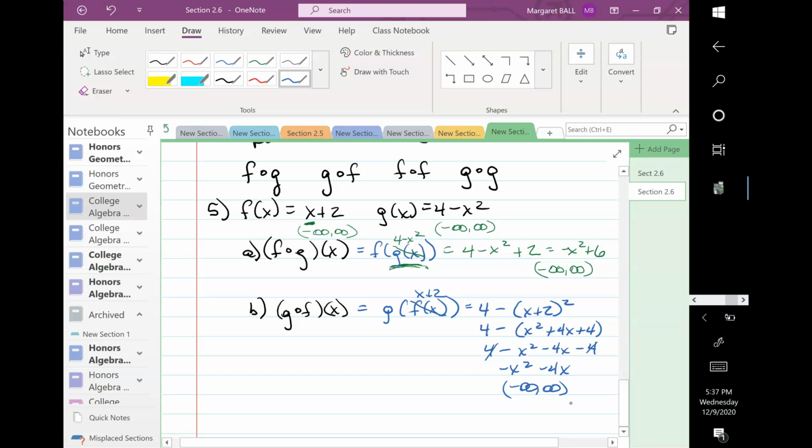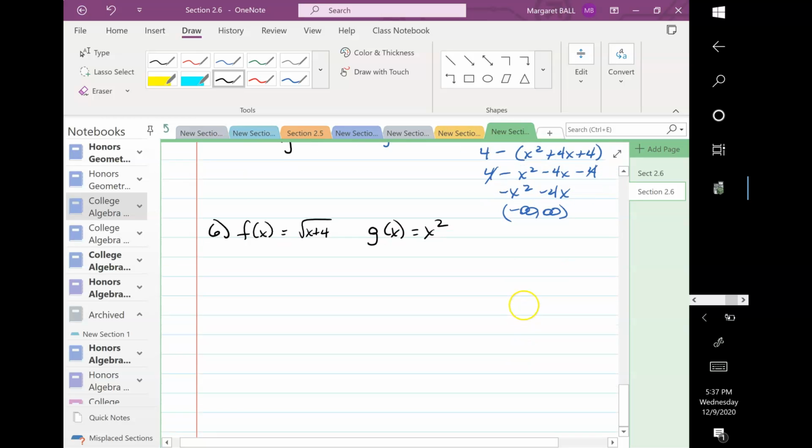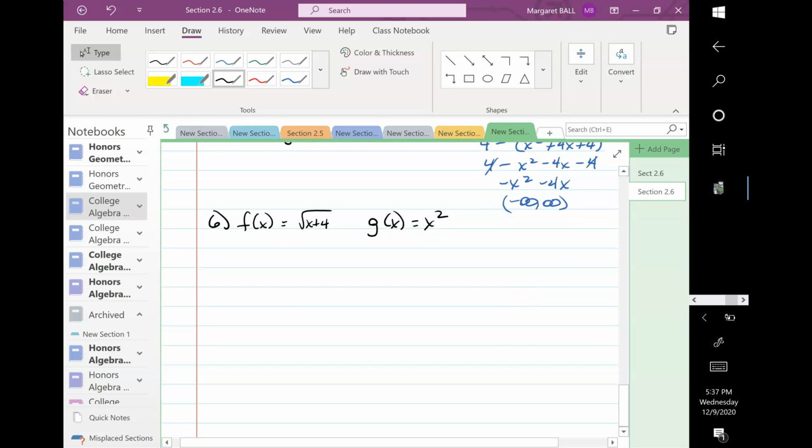Okay, let's do another example of a composition, and then I think we can call it good. Number 6, f of x is equal to the square root of x plus 4, and g of x is equal to x squared. Okay, let's talk about domain. The domain of the square root of x plus 4, okay, we have a radical, so we need to be concerned.